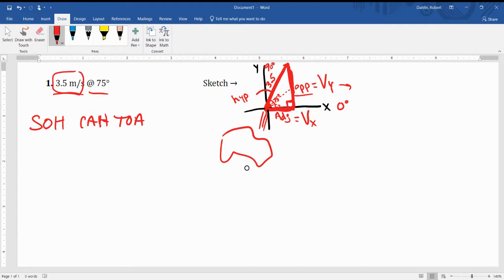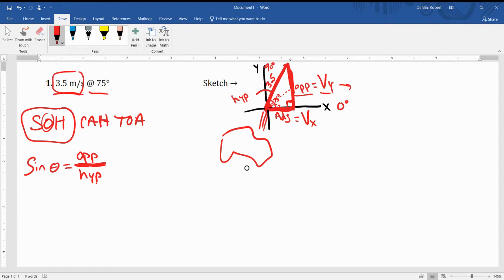What part of SOH CAH TOA is talking about opposite? That's the SOH. S stands for sine of our angle equals O for opposite, divided by H, the hypotenuse. For this one, instead of opposite, we're going to have Vy, and instead of hypotenuse, we're going to have our 3.5.